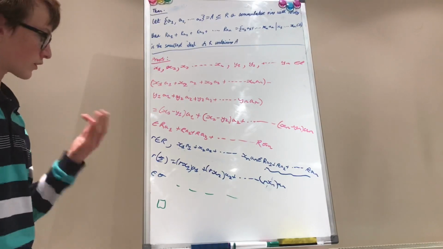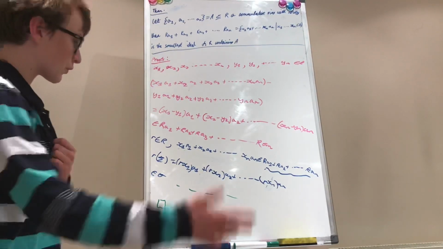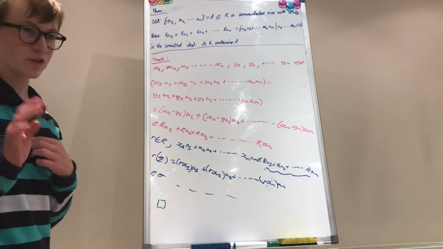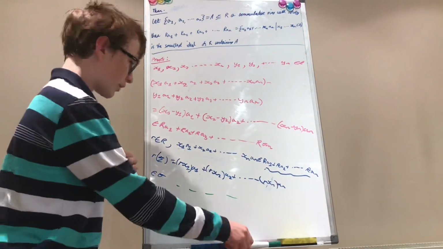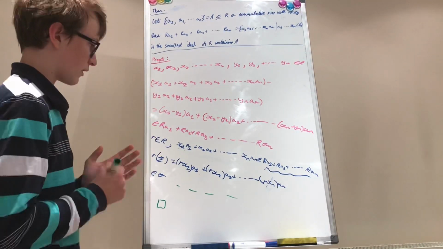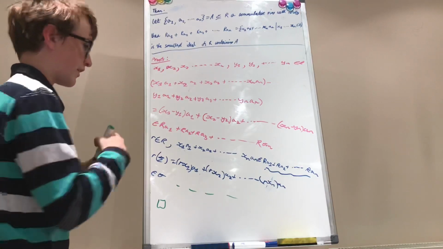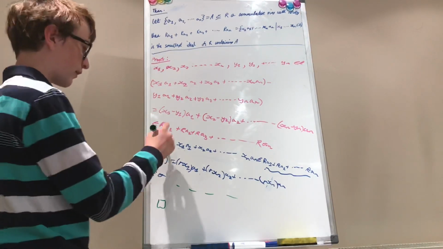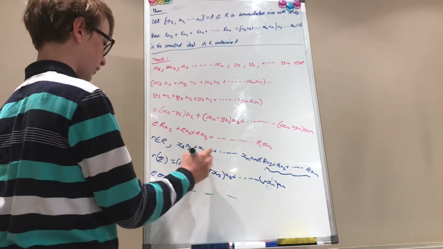Now, this theorem here, this proof, raises an interesting point. This here, and again, I'm too lazy to write this all out, and it's going to save time in the video, so maybe you'll be thankful, I don't know.